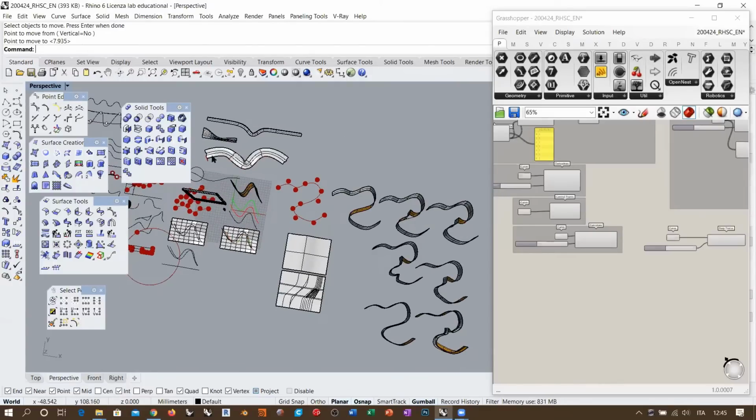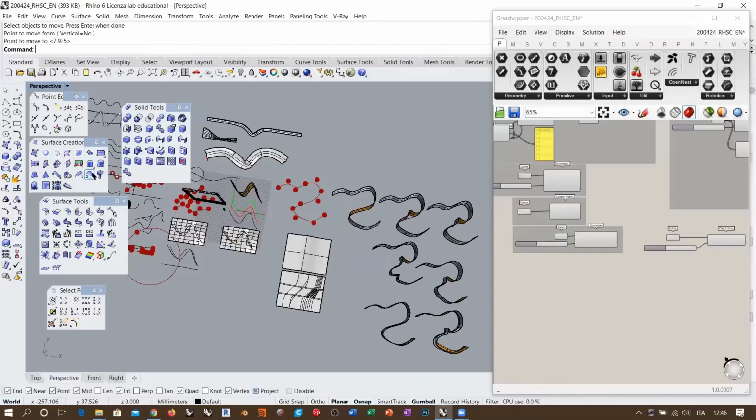On the other hand, there is the sweep to rail. Now, the sweep to rail is very important because it is a very powerful command. But in order to work with this sweep to rail, we must also perform some preliminary considerations.